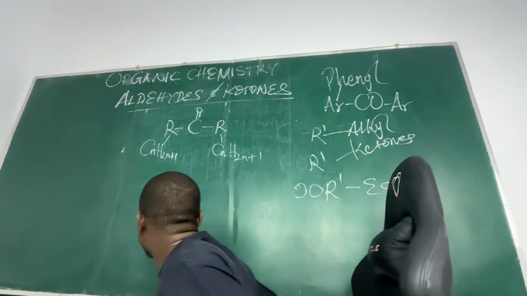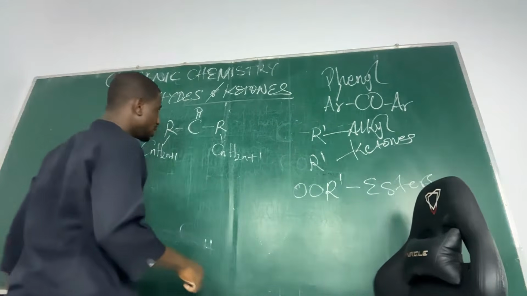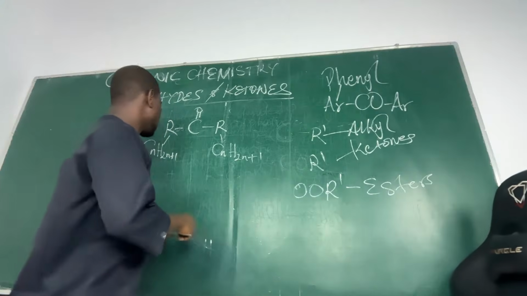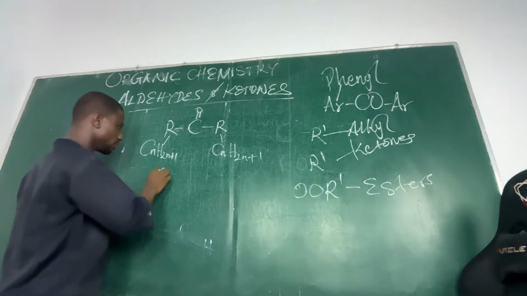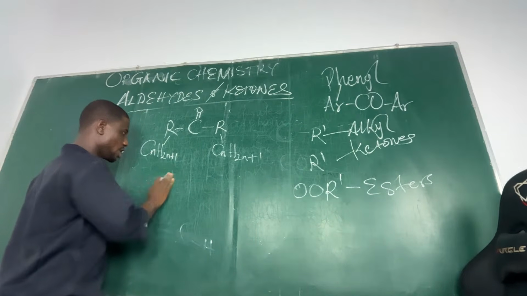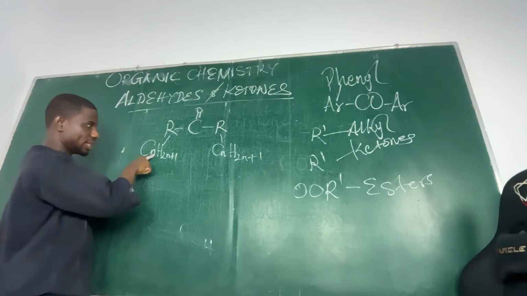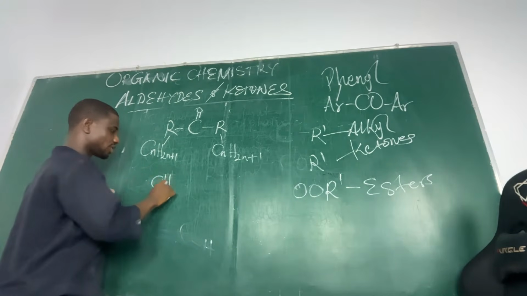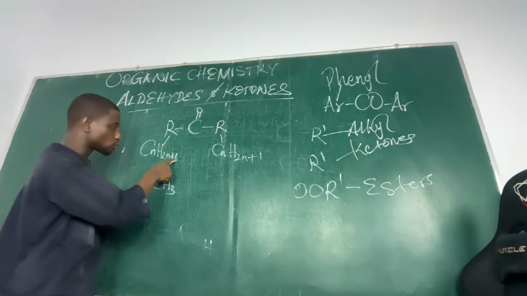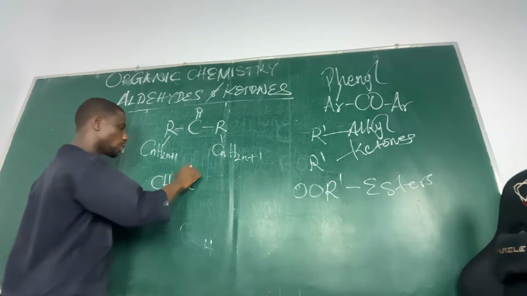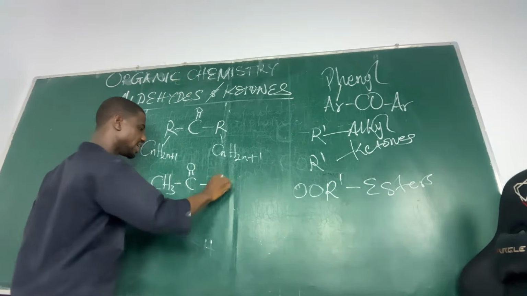So the first member here, we have carbon already, is C. If we put 1 here, it becomes CH3, right? Because 2 times 1 is 2, plus 1 is 3. CH3 bonded to C, double bond O, bonded to CH3.